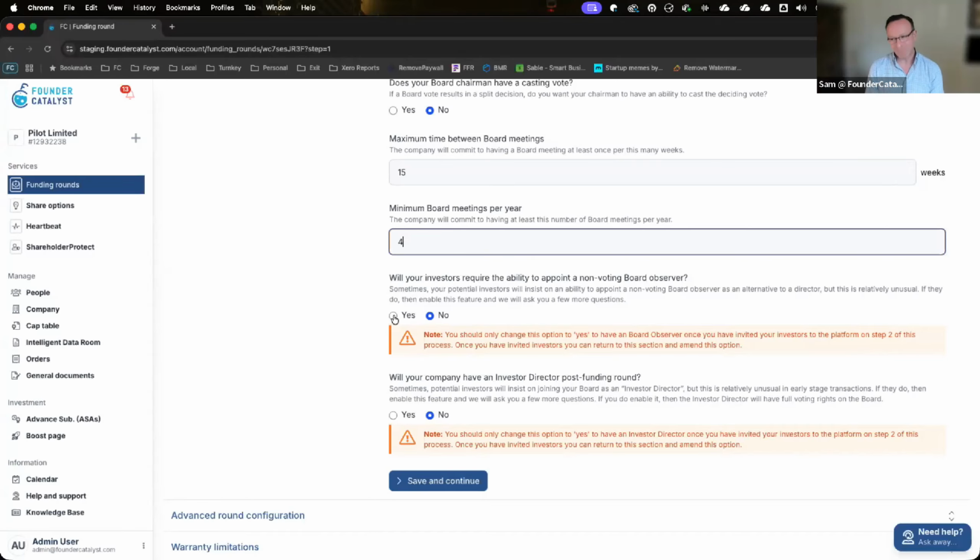It gives what are called fiduciary duties, or legal duties, onto that investor director. It creates some risk and liability for that investor director that doesn't appear with a board observer. So increasingly now we're seeing people wanting to put board observers, so they've got eyes and ears, onto boards rather than investor directors.